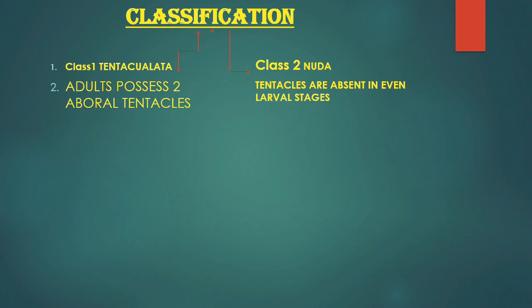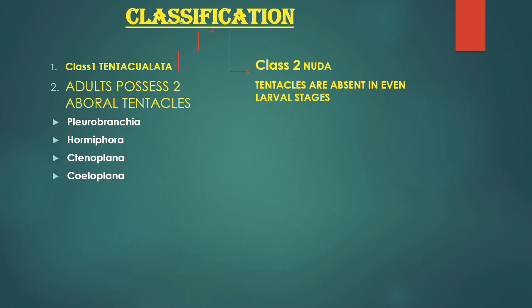So these ctenophores are added into Tentaculata, and the ctenophores which do not have tentacles, not even in the larval stage nor in the adult stage, are divided into Nuda. Now coming to the examples, Pleurobrachia, Hormiphora, Ctenoplana and Coeloplana. These are the examples for Tentaculata, and Beroe is the example of Nuda.